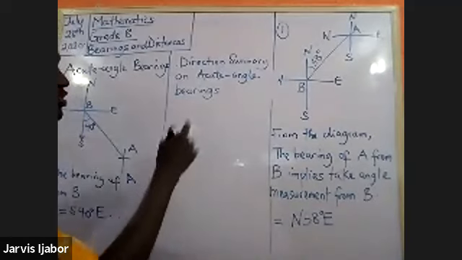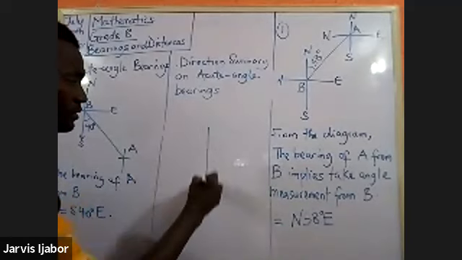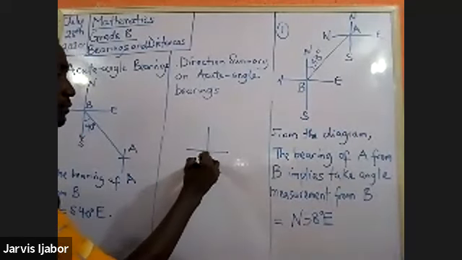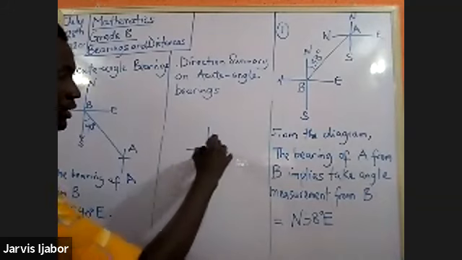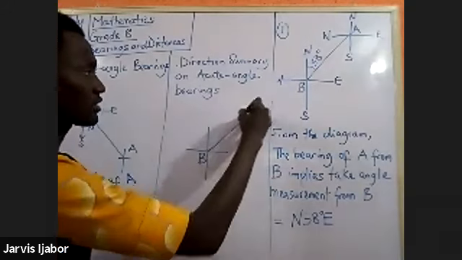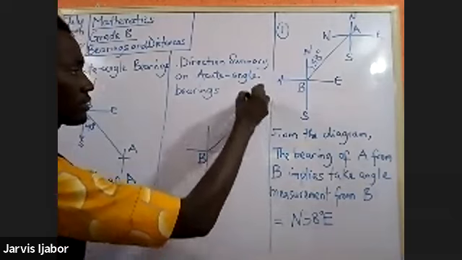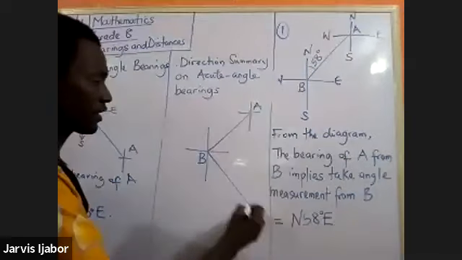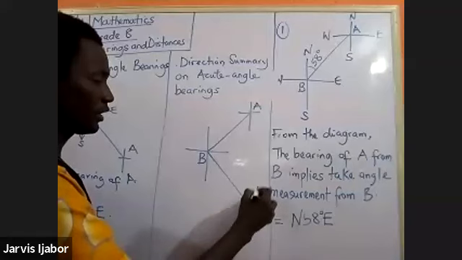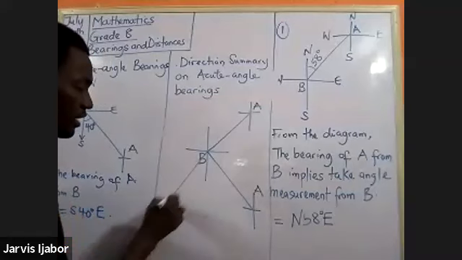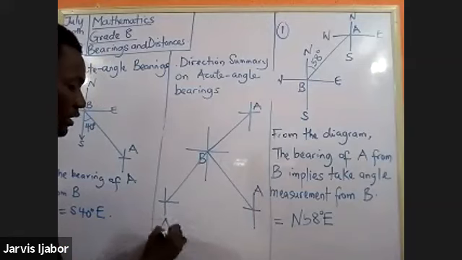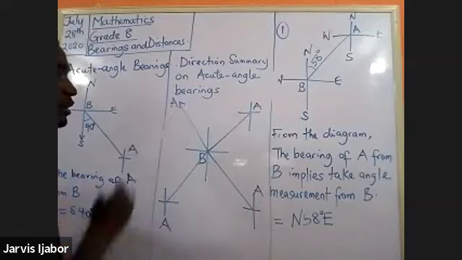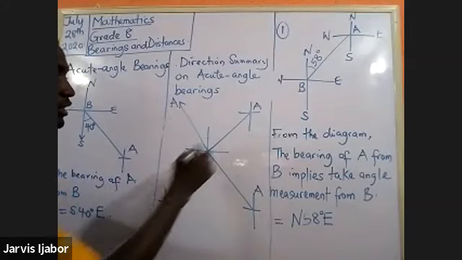Now for the direction summary, look at this. This is the reference point B. Now this is a direction of A. This is another direction of A. This is another direction of A. And this is another direction of A. Now, watch carefully.